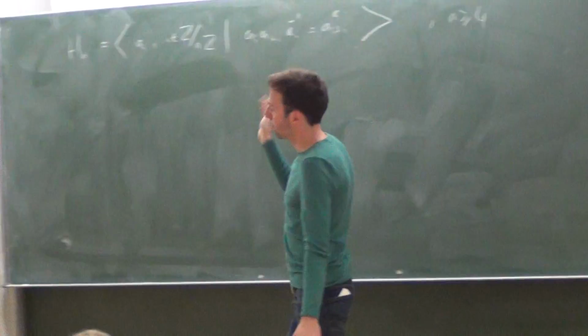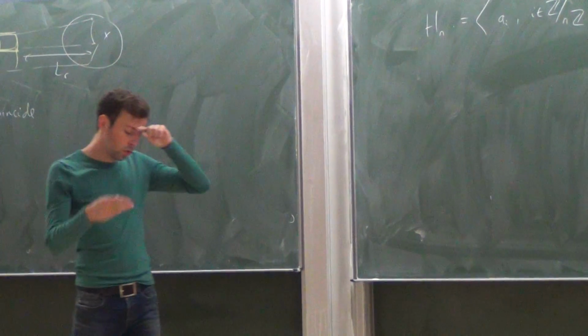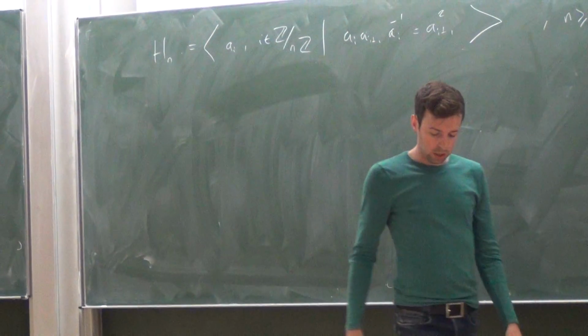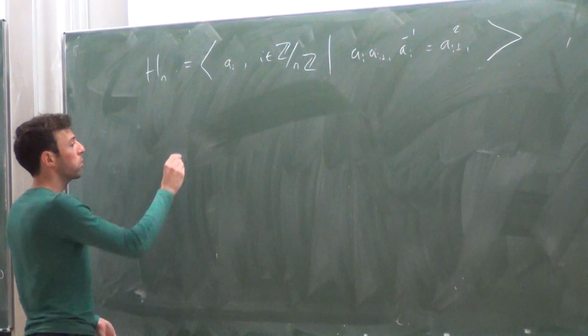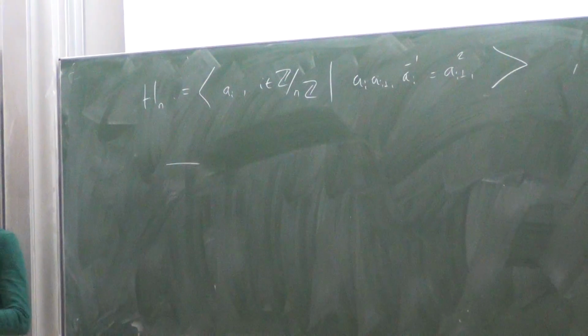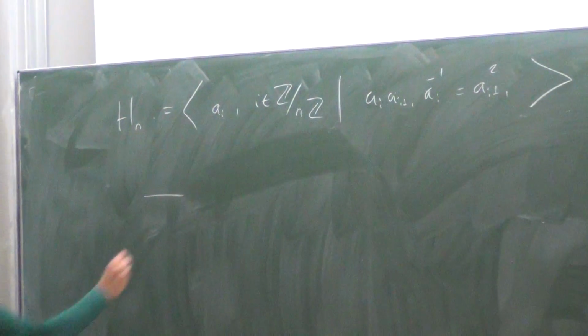At least 4, and before that it collapses to the trivial. So these are very interesting groups that have been used to construct examples or counterexamples in group theory, but from a geometric viewpoint they're also very interesting. You can realize them as polygons of groups, the high-dimensional generalization of graphs of groups.